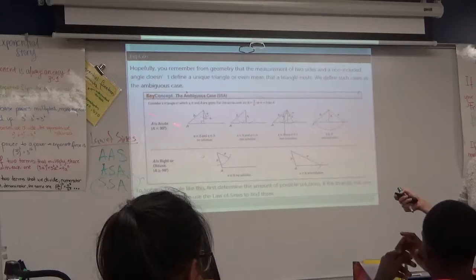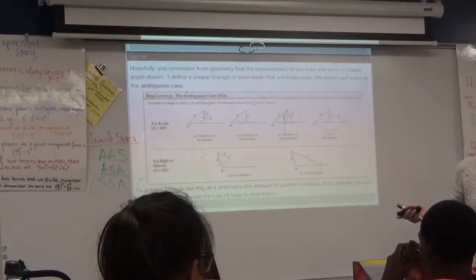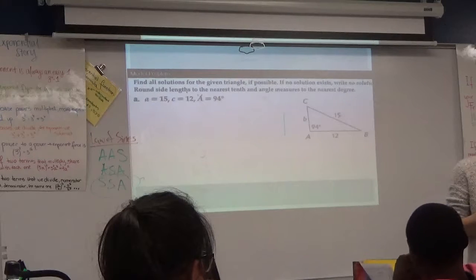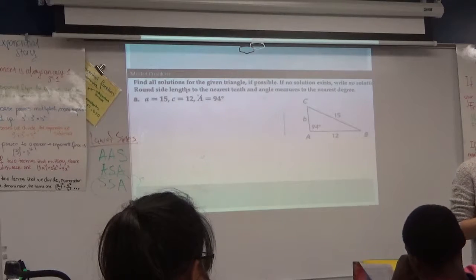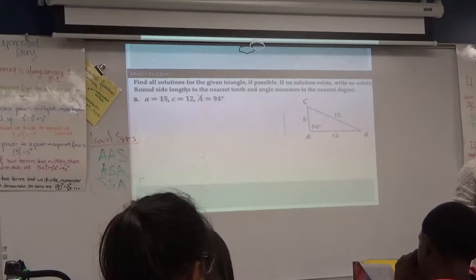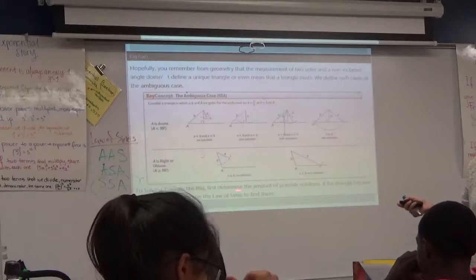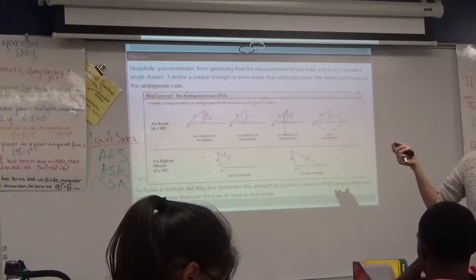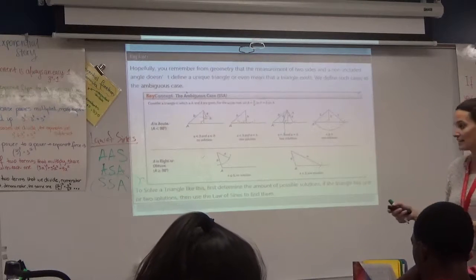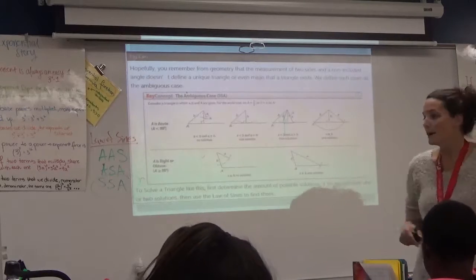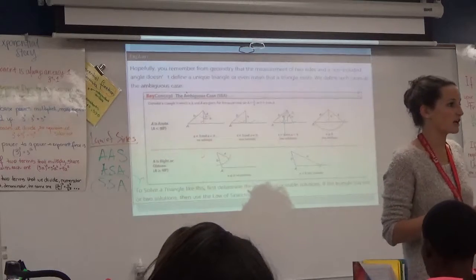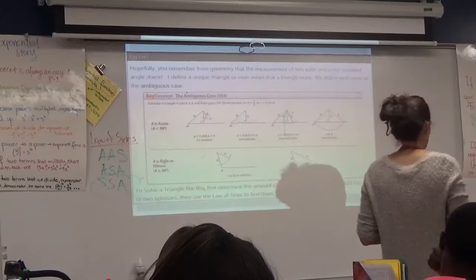Now you have to pay attention to whether the angle is acute or obtuse. So if you look at this triangle right here, the angle that they gave us, is it acute or obtuse? Obtuse. So if you take a look right here, there's not a triangle possible if A is less than or equal to B, but as long as A is greater than B, then we will have one solution.